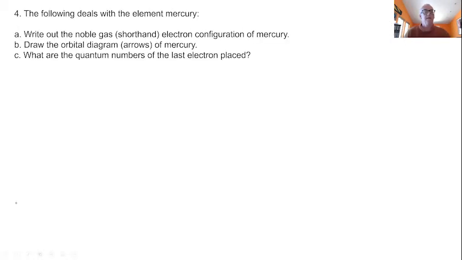Okay. Oh, now we're dealing with electron configuration. Oh boy. So you want to have a quick look at this one? Yeah. So what does the noble gas electron configuration mean?